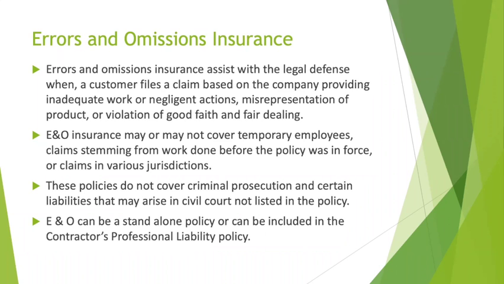So, we start looking at our work and what we have agreed to do, and then what is the type of loss. But errors and omissions can be added. It can also be covered in an umbrella, and we're going to talk about an umbrella in a few slides here.